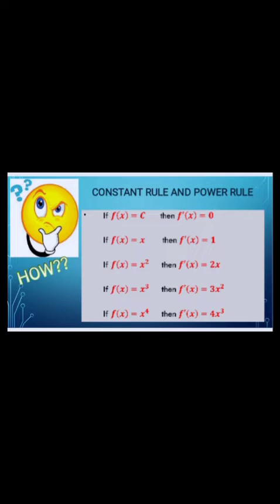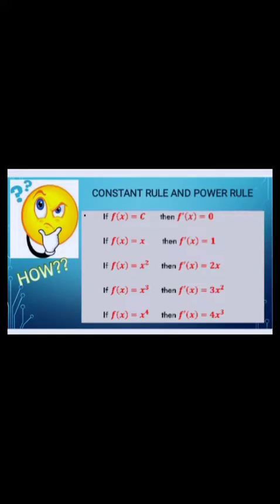If f of x is equal to x cubed, then f prime of x is equal to 3x squared. And if f of x is equal to x raised to 4, then f prime of x is equal to 4x cubed. But are we going to memorize all of this, constant and power rule?